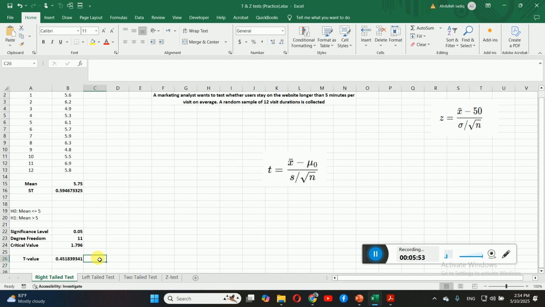Now you are just checking whether you can reject the null hypothesis or fail to reject it. Look here, what is the critical value? This is the critical value, and this is the t value.